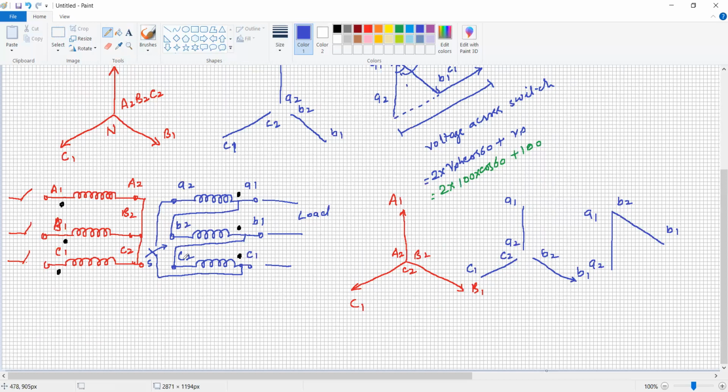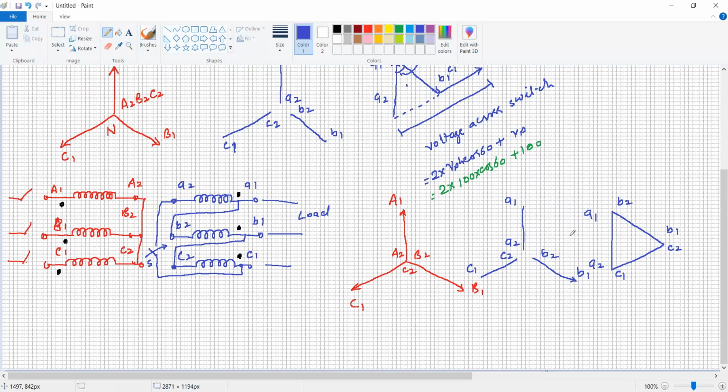Now B1 is connected to C2. Where is C2? This vector just comes here, so this terminal is C2, and this terminal is A2, which is already there. A2 wants to connect here to C1.